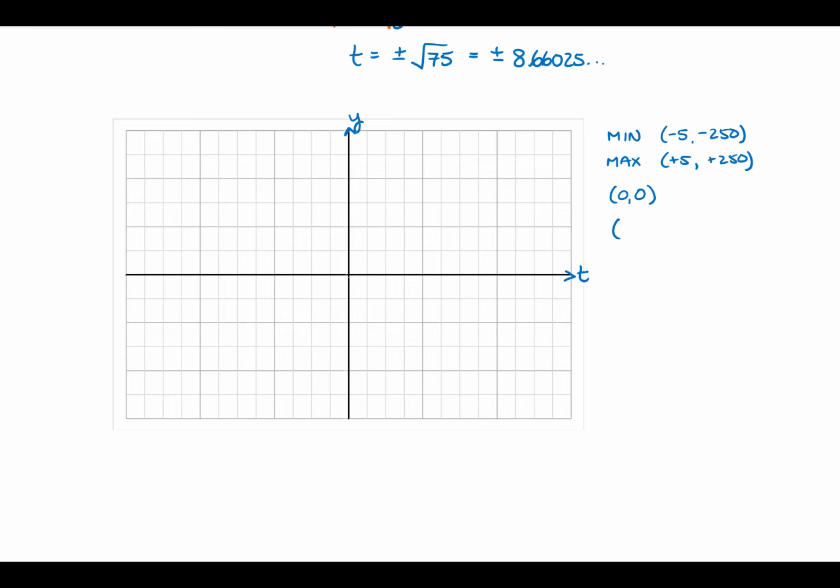I habitually call my horizontal axis intercepts my x-intercepts, apologies. I also know that when I have t is equal to roughly -8.66, I have an intercept there, meaning my y value would be 0. And similarly, when I have +8.66, I would have a y value of 0 as it's another intercept.